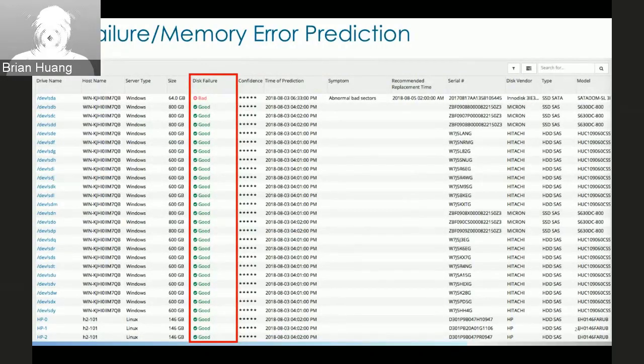Currently, our disk failure prediction algorithm can provide a very high accuracy rate for hard disks, and somewhat lower accuracy rate for SAS disks, because we know that SAS disks don't have as abundant SMART attributes as SATA disks. We also tell the user the possible symptoms of a disk that is going to fail, and we also provide a recommended replacement time based on the performance prediction.